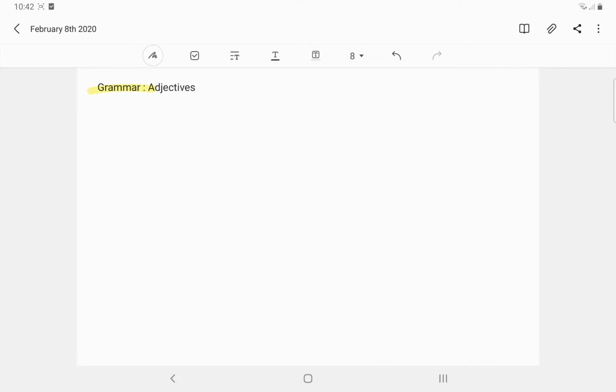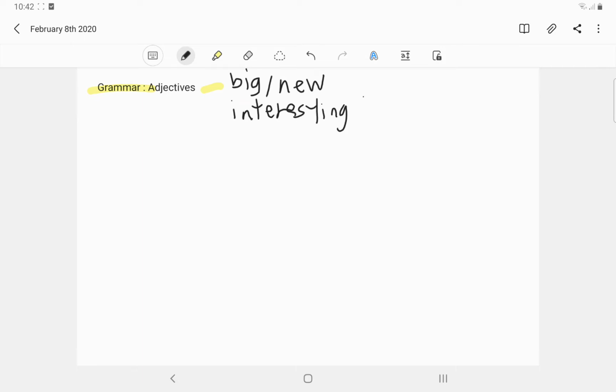There's a bit of refreshment of what the examples of adjectives are. I know some of you might know this, for instance, the words big, new, interesting, and advanced, because we are on the last chat topic and we have to use the computer term advanced.